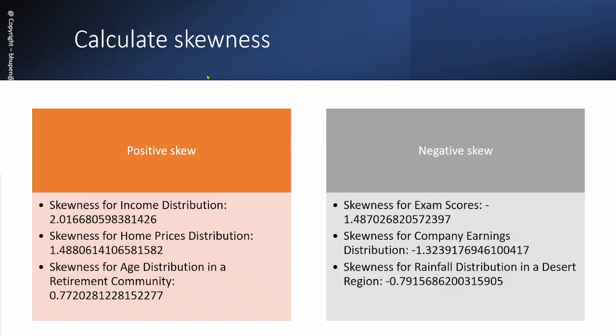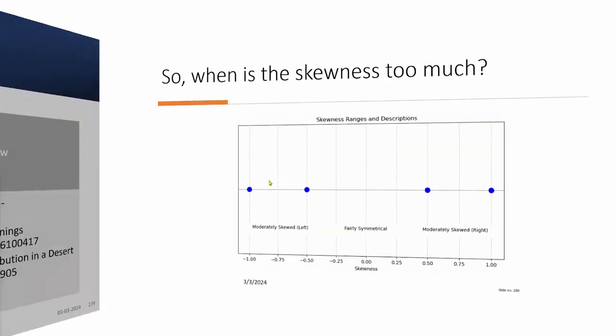How do we calculate the skew? The positive skew typically has values like this, and there is a guideline which I'm going to show you in the next example. And here is negative skew, so this is also negative data.